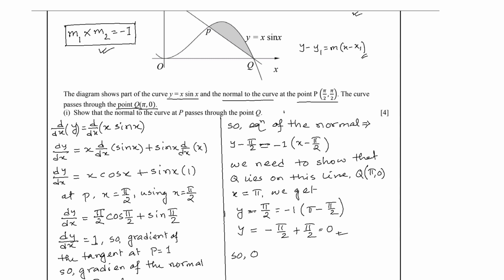So we can say that the point Q lies on the normal that passes through the point P. So the first part of the question is done. Let's move on to the next part of this question.